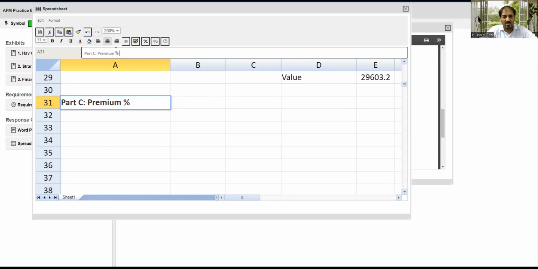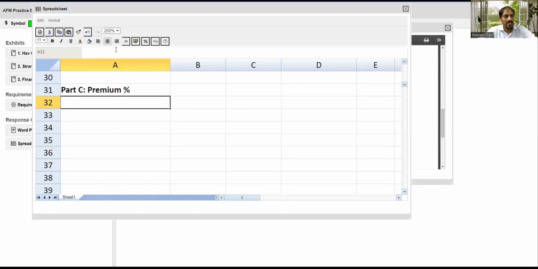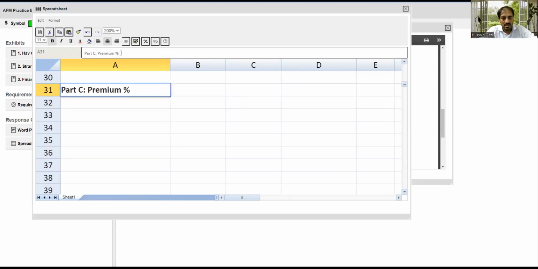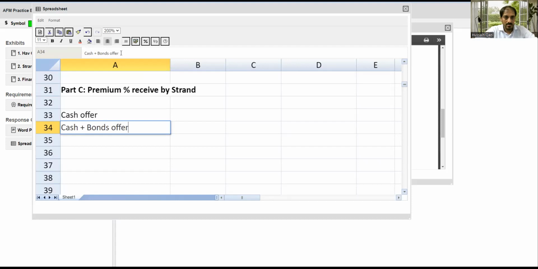You just have to develop your mindset, not necessarily mention it here. Premium percentage received by Strand: cash offer, and cash plus bonds offer. So we have to complete this.